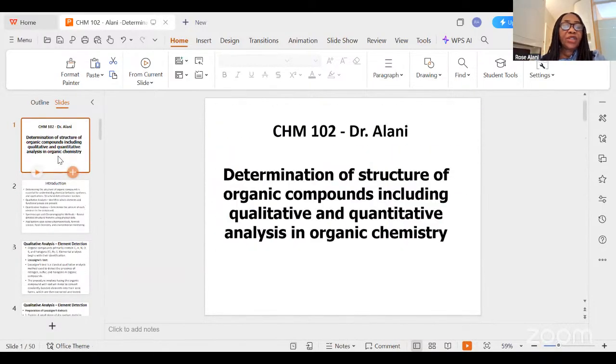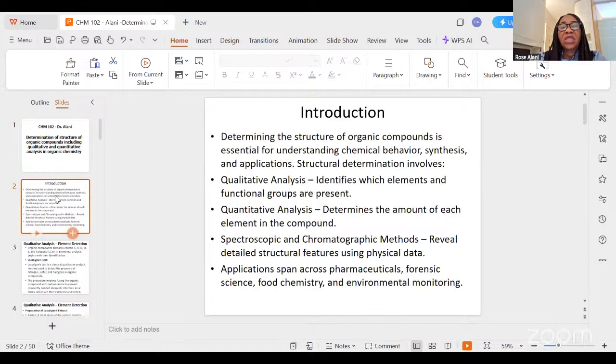So we're having a lecture on the determination of structure of organic compounds, including qualitative and quantitative analysis in organic chemistry. Determining the structure of an organic compound is essential for the understanding of the chemical behavior, synthesis, and applications of such compounds.